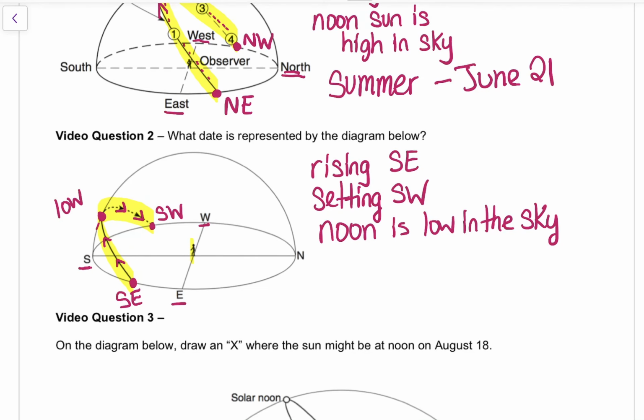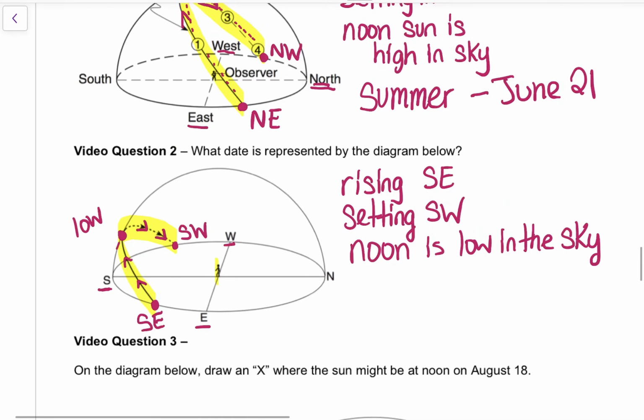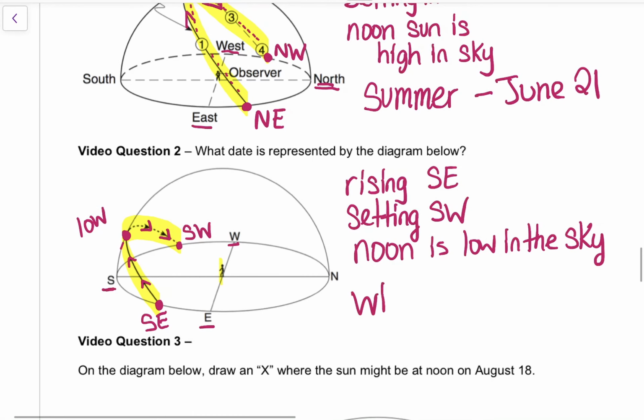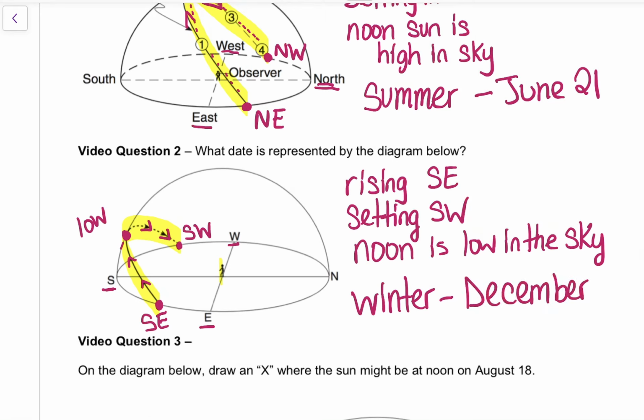So if I put all of that evidence together, it looks like this must be winter, perhaps the winter solstice, which is on December 21st.